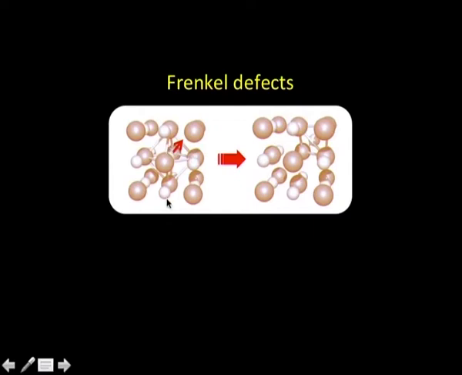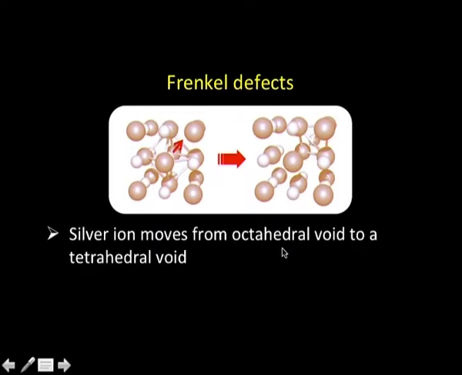At this octahedral void, which is the position for the silver ion, in case of Frenkel defect the silver ion from the octahedral void, right in the center of this cube, moves to this position, which happens to be a tetrahedral void. As a consequence, this position becomes vacant. This is a cation vacancy now, and this position, which was interstitial, is occupied by the silver cation. Such a defect is called Frenkel defect.